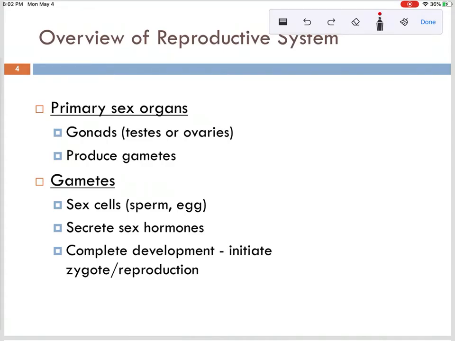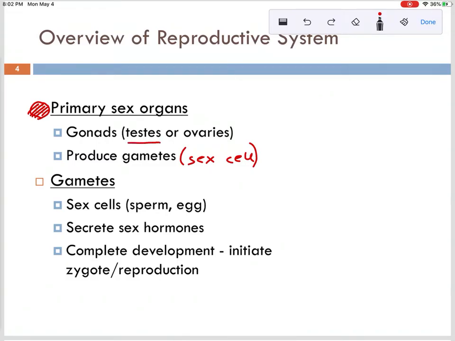Okay, actually, before we talk about the male, let's make sure that we know some definitions. Make sure you can define primary sex organ, and it's the same for males and for females. Primary sex organ just refers to whatever sex organ is present that produces the sex cell, here called the gamete.